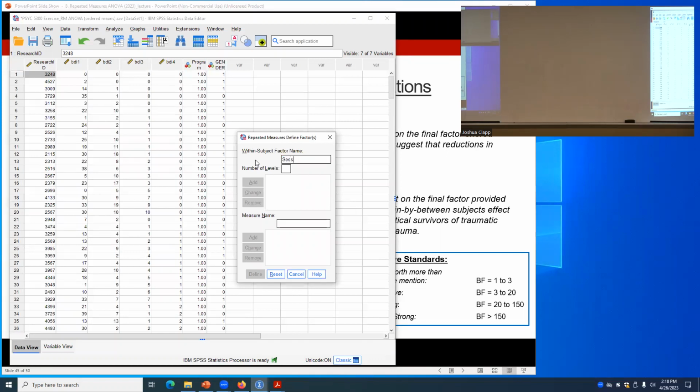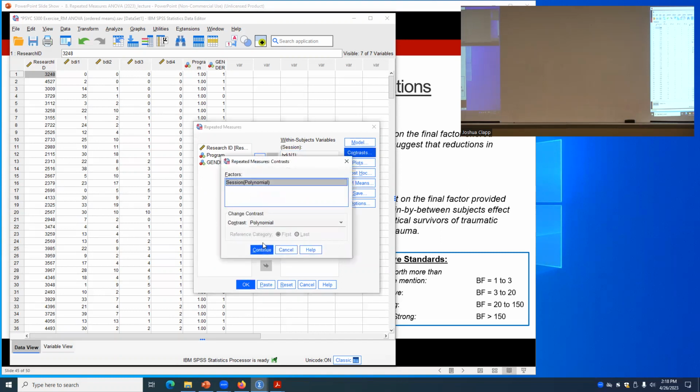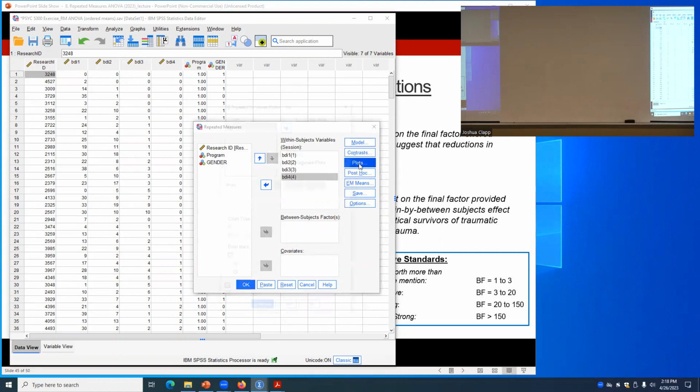And for this session, how many levels? 4. Add that, fine. Look at intake, 2 weeks, 4 weeks, 6 weeks. Got our polynomial contrasts on there just so we have it.